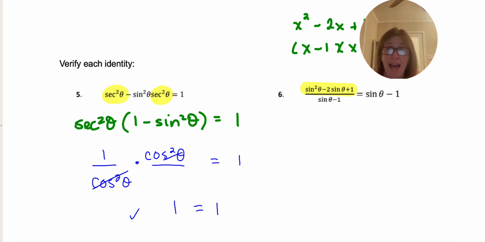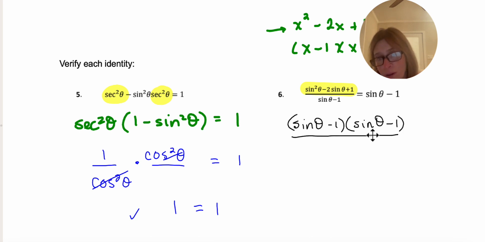So I noticed that looks similar to it, and I also noticed the bottom has sine theta minus 1, which tells me I might want to be factoring the top. And so I'm going to use that structure, that pattern, to help me factor with sine. So it would be sine theta minus 1 times sine theta minus 1 over sine theta minus 1.